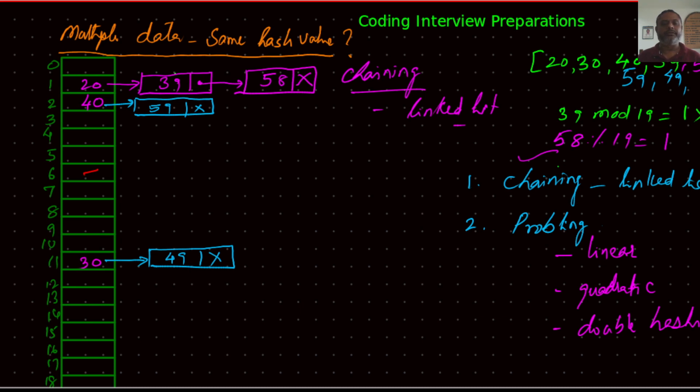The advantage of working on this is the simplicity, but the disadvantage is we are going to lose some parallelism here. If you want to search whether 58 is present in our list or not, then we go for 58 mod 19 and that tells us 1.